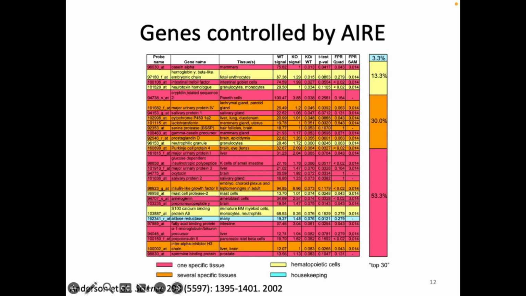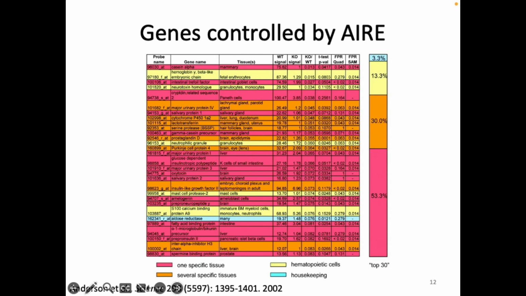And so you can see that AIRE allows the thymus to make spermine binding protein that's normally found in the prostate. It also allows the thymus to make insulin so that we can actually test against insulin and potentially block diabetes. You can see that we've got prepro neuropeptide Y, a brain protein. We've got oxytocin.